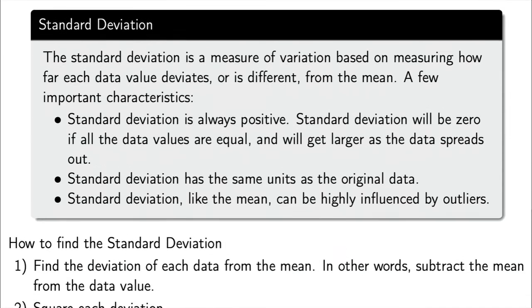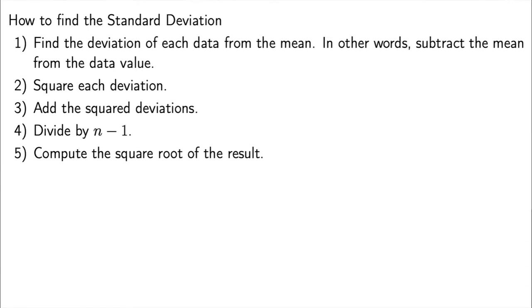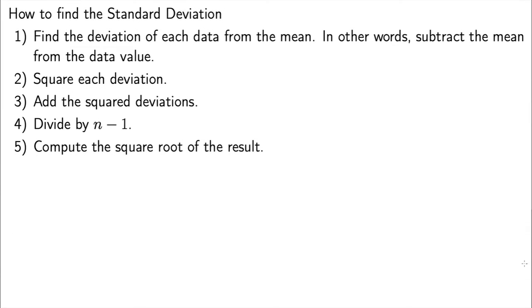Let's look at the process that we follow to find standard deviation. The first thing we do is find the deviation of each data value from the mean. That just means we subtract the mean from the data value. That gives us our deviation. Then we square the deviation. You just take the number and multiply by itself. That's going to turn it into a positive number.